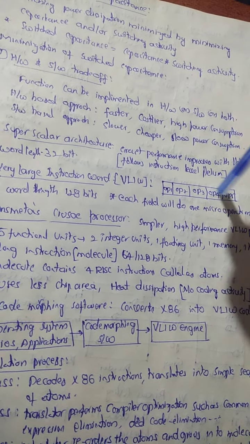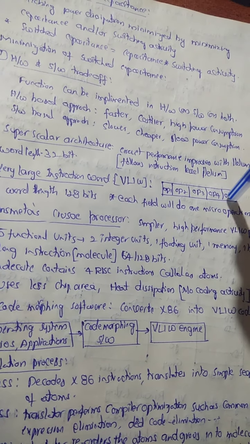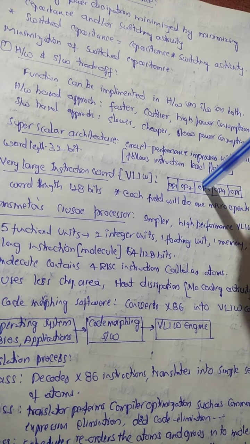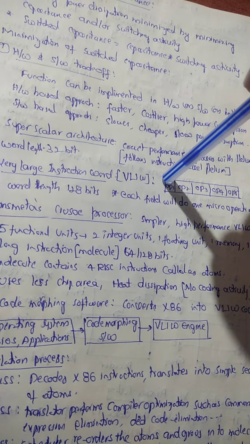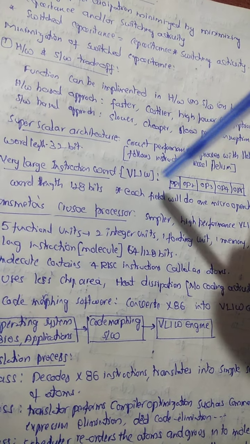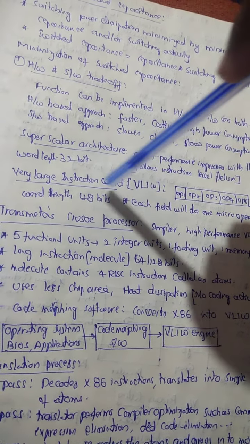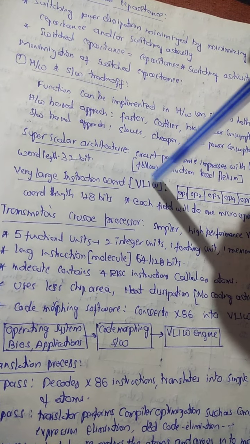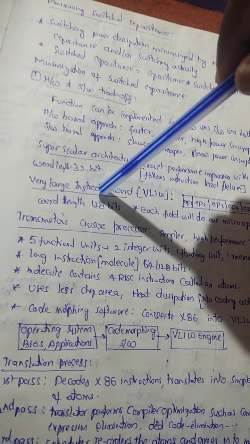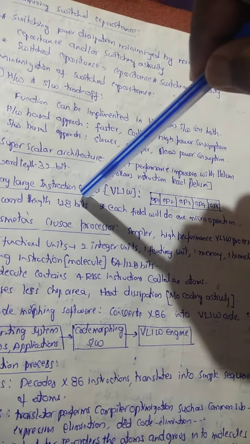So here the single instruction is divided into 4 or 5 fields, and each and every field will do one micro operation. Of course, the maximum word length of this VLIW is going to be 128 bits.